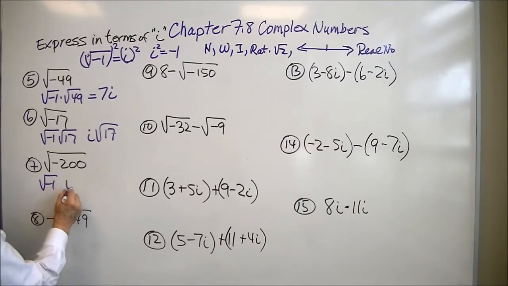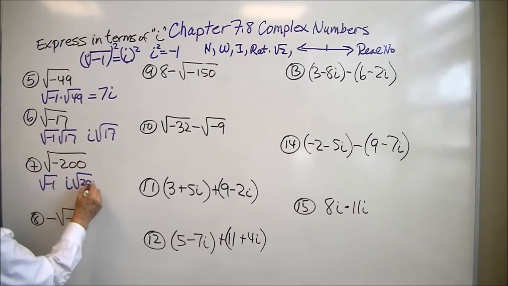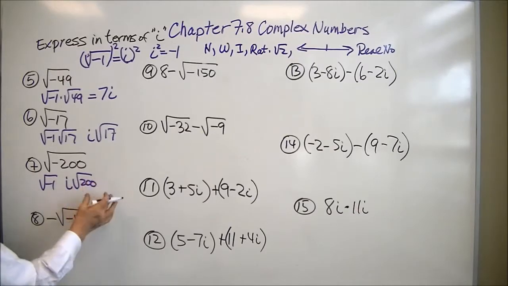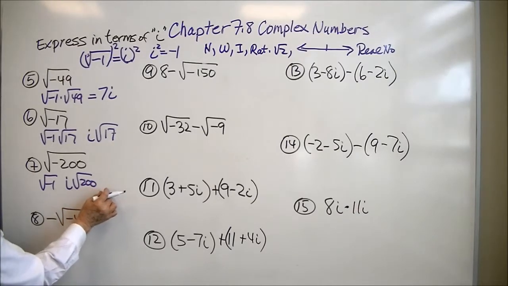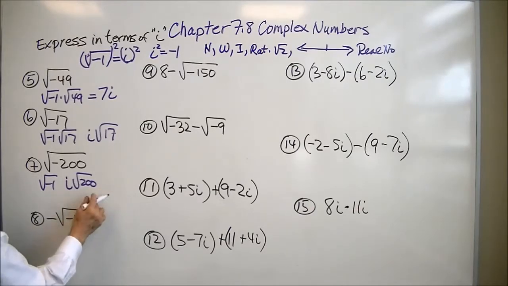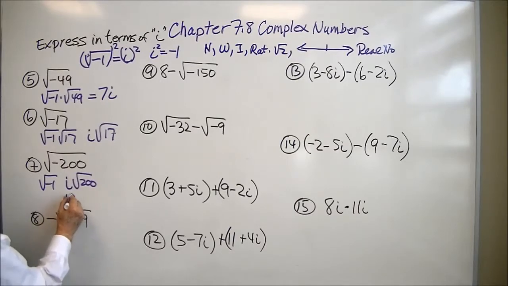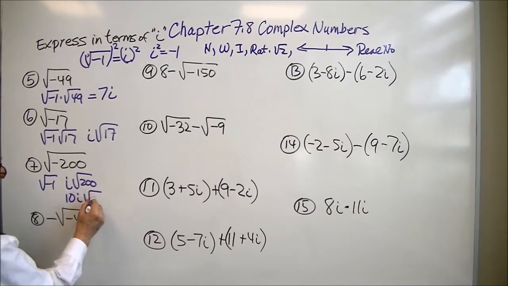So in a sense, this is i times the square root of 200. And in a previous lesson, we said that can be simplified into the square root of 100 times the square root of 2. So the square root of 100 was 10. So this is going to be 10i times the square root of 2.